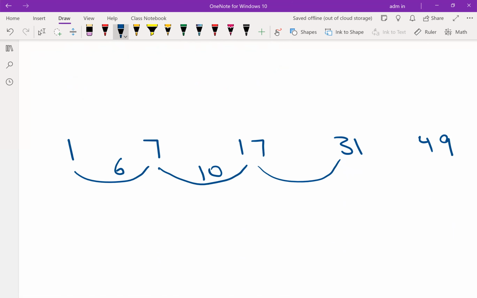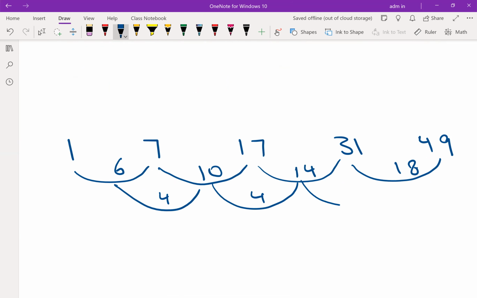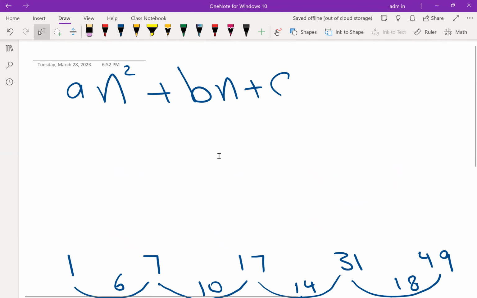The difference 14. The difference 18. Second difference 4. Second difference 4. Second difference 4. Now, how to get a, b, and c? There are 3 equations. You can find a, b, c.